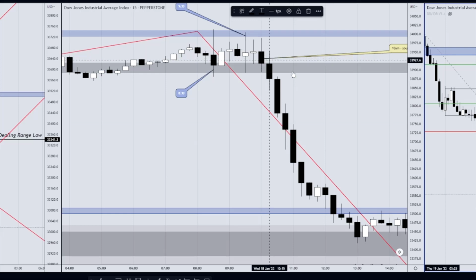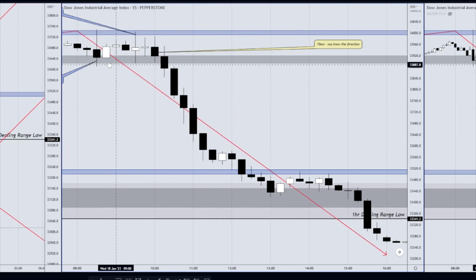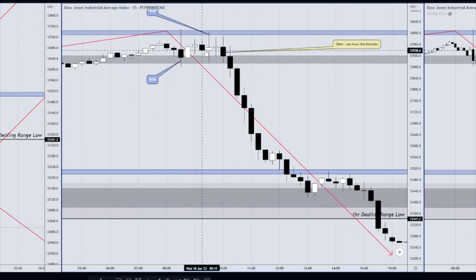And as 10:30 comes along, you know the direction after it's drawn, and it's down. So in that area somewhere there will be a 5-minute break structure, and it's just about finding it and having the confidence to take that.